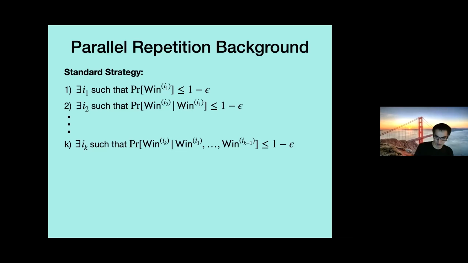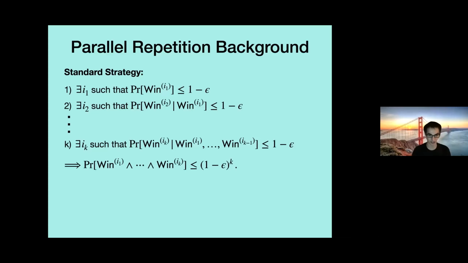And if you show that at each step, your conditional win probability in your next coordinate is at most 1 minus epsilon, then just a chain rule will give you that the probability of winning in all the coordinates is at most (1 minus epsilon) to the k. So if you can instantiate the strategy with large enough k, then you get an exponential decay bound.